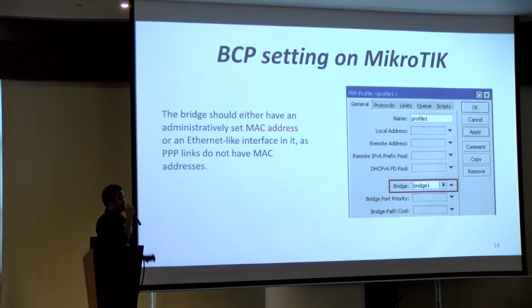We can set an admin MAC address, or use an Ethernet-like interface, and the bridge takes it. If we create a bridge and put an Ethernet interface in it, either one or two, the bridge takes the MAC address of the first combined port.